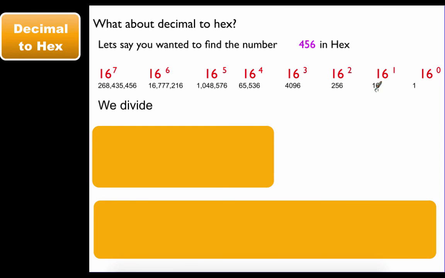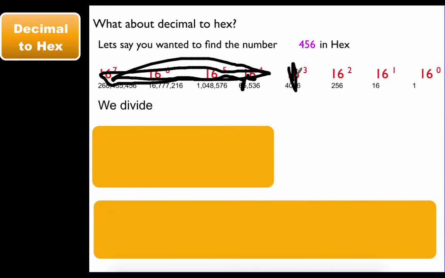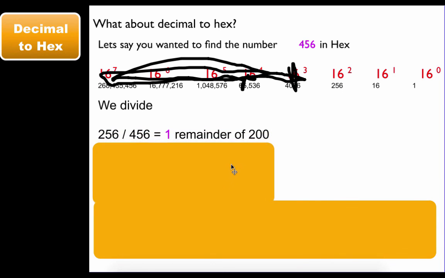So 1, 2, 3 digits for hex. I don't need any of the others. So let's start. We'll do 256 divided into 456.